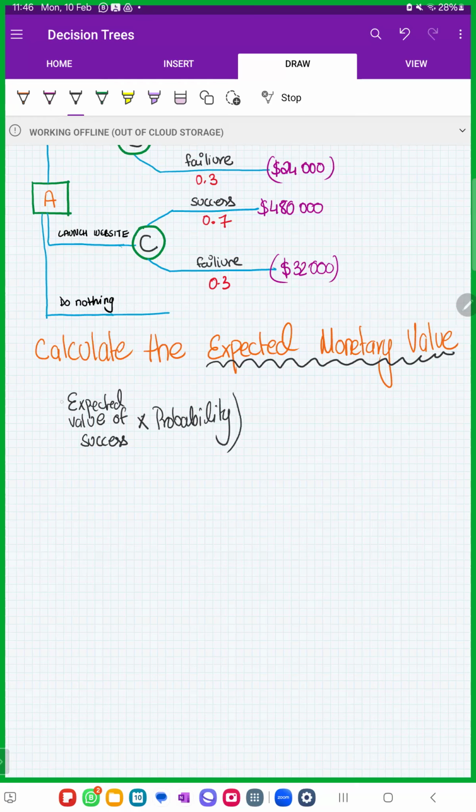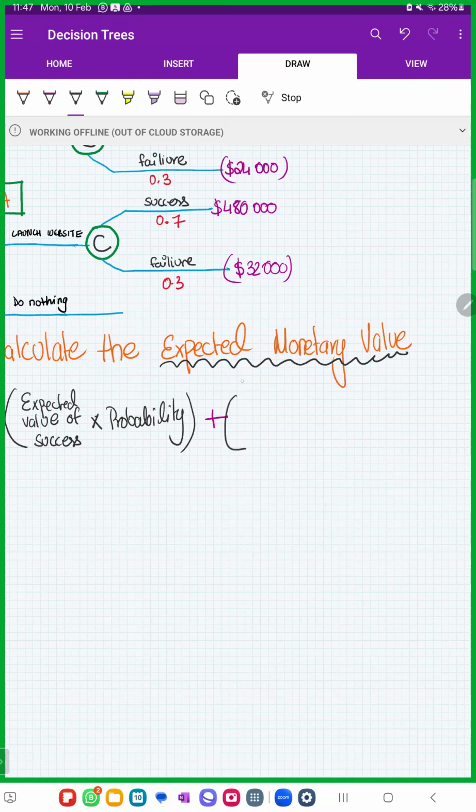Whatever this is, you add this with the expected value of failure multiplied by the probability for both cases. I wrote the spelling wrong. Probability.